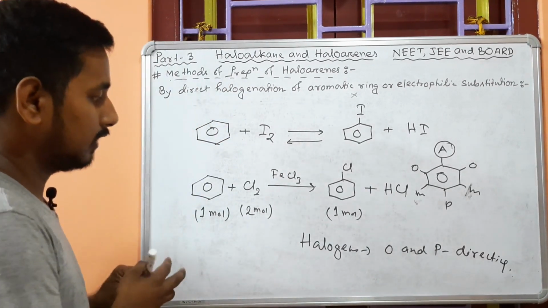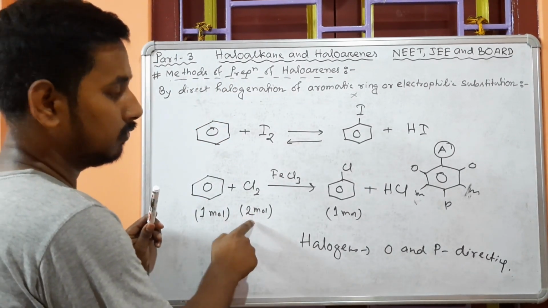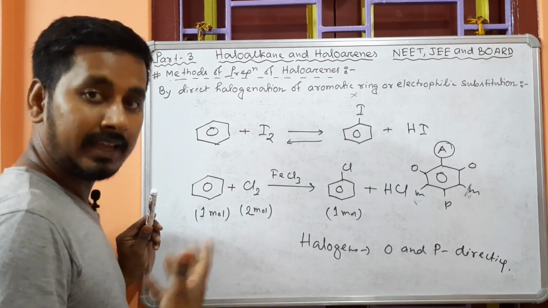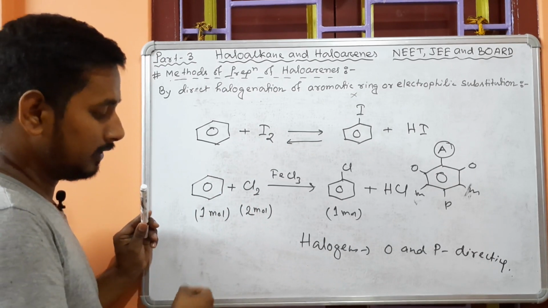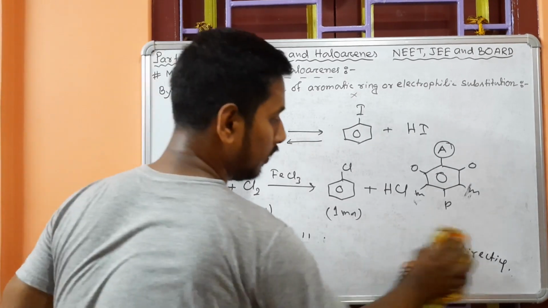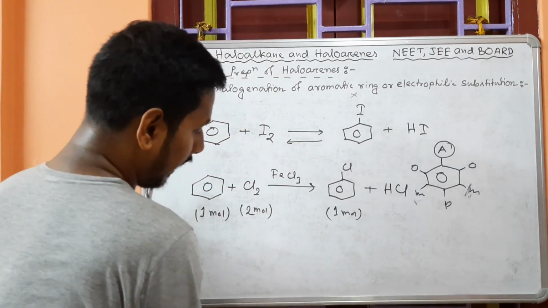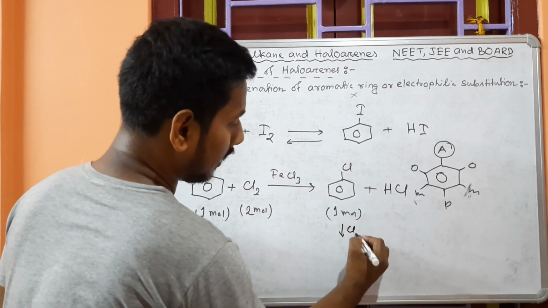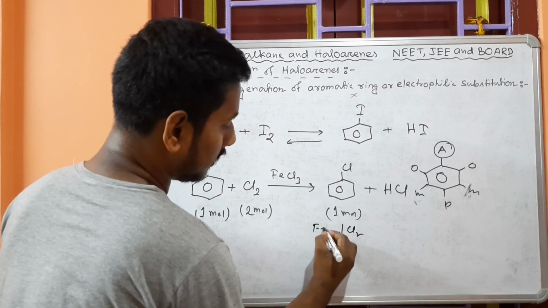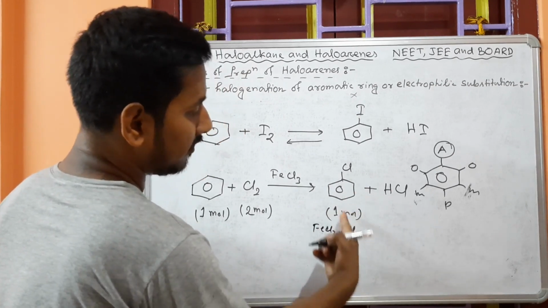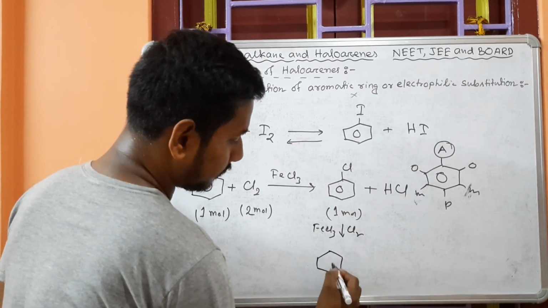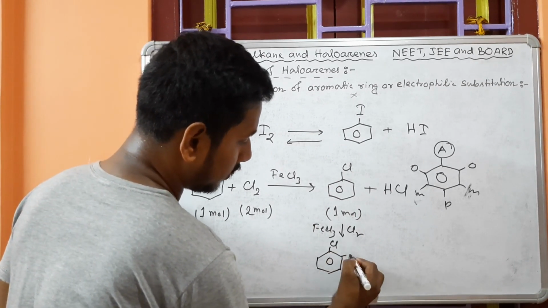So after that, if 2 moles of chlorine you give, so here in this reaction chlorine is in excess. When chlorine is in excess, what happens? The excess amount of chlorine again reacts with chlorobenzene in presence of FeCl3. Okay, then you get two different products.